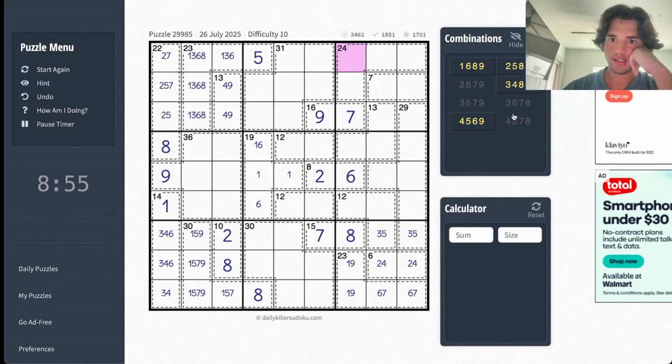It needs a 9 in it, obviously. It also needs to be an 8 because this has to add to 7, this has to add to 7. So it needs both an 8 and a 9 in it. And then we're left with the last of the 1, 6, 2, 5, 3, 4 that doesn't go here.